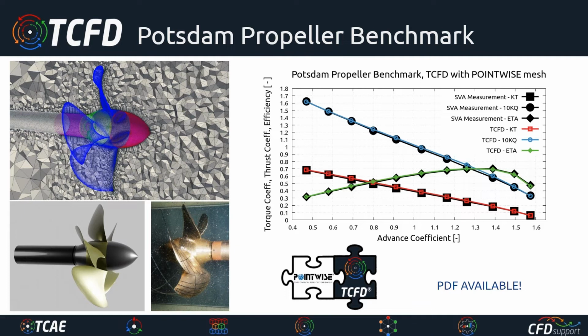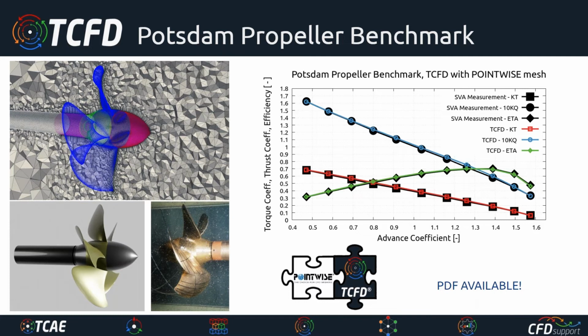It's pretty simple. In this case, the mesh was created in Pointwise, and it was loaded in TCFD to run the simulation. On the right hand side, you can see the main results: the thrust coefficient, the torque coefficient, and the efficiency versus the advance ratio.